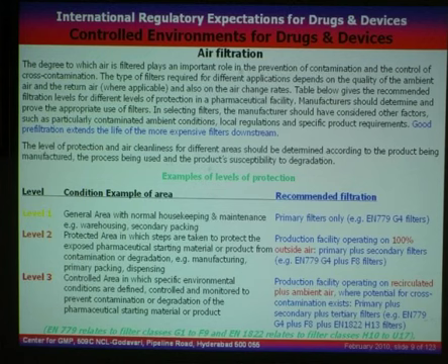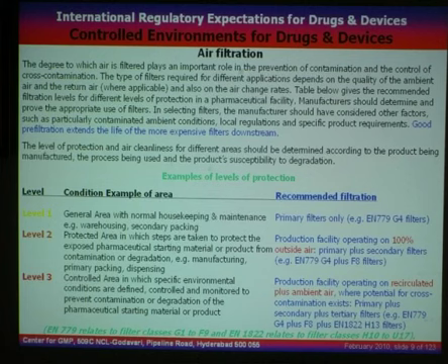When it comes to level 3, it's a controlled area in which specific environmental conditions are defined, controlled and monitored to prevent contamination or degradation of the pharmaceutical starting material or product. Production facility operating on recirculated plus ambient air, where potential for cross-contamination does exist.